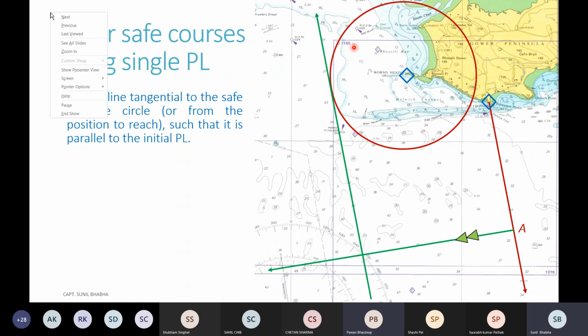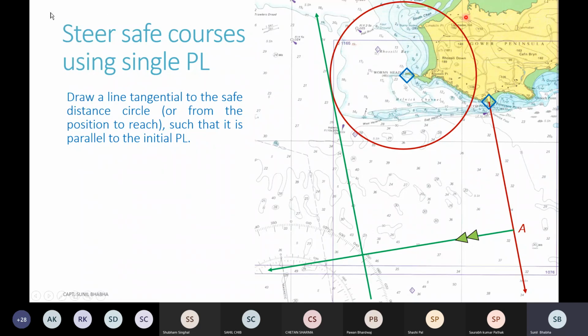So there will always be two options. You can have two tangents to this particular circle which are parallel to the initial PL. We will pick up the one which is in navigable waters, so in this case, the outer one. That is why the other one is not picked up.